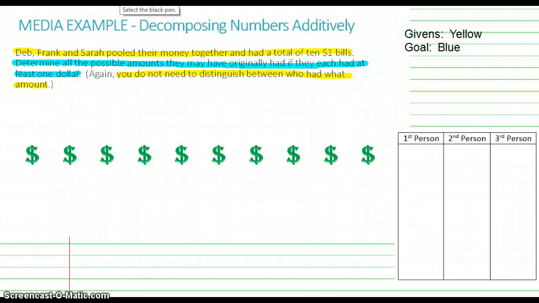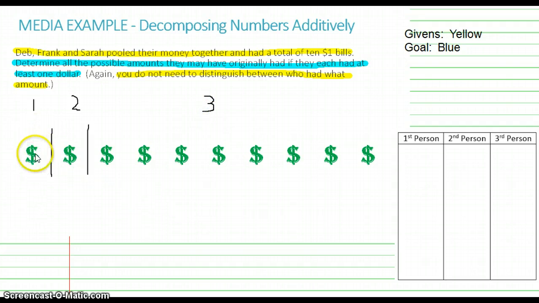So this is going to start just like we started before. I am going to give $1 to the first person, since we know that each person has at least $1. Now I'm going to draw another partition line here. This will be for the second person, and the remaining 8 will be for the third person. Okay.